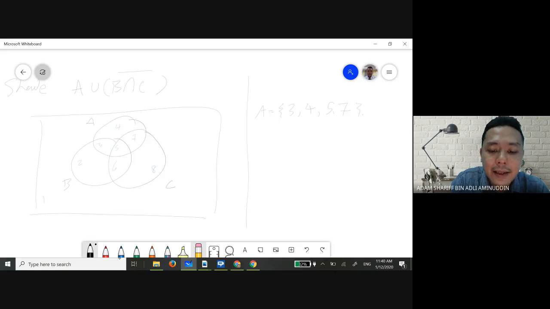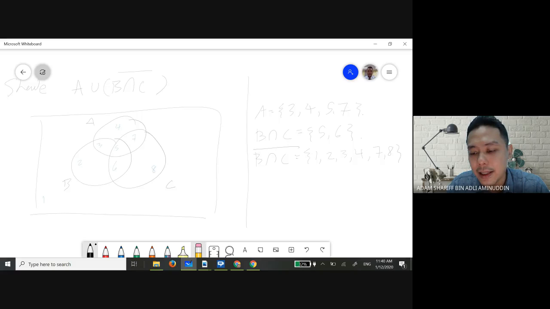What is B intersect C? B intersect C mana? 5 dengan 6. B intersect C 5 dengan 6. B intersect C complement, it's what's in U in universal set but it's not in B intersect C. It will be 1, 2, 3, 4, 5, 6, 7, 8, other than 5 and 6.